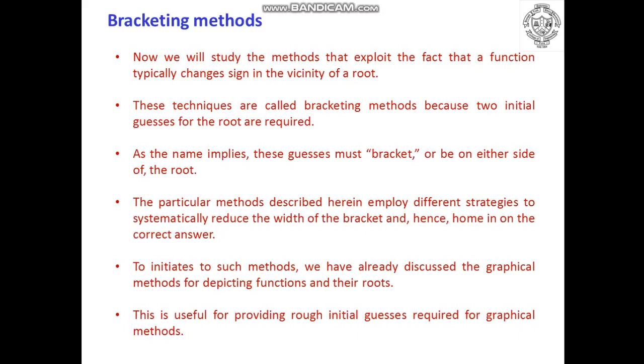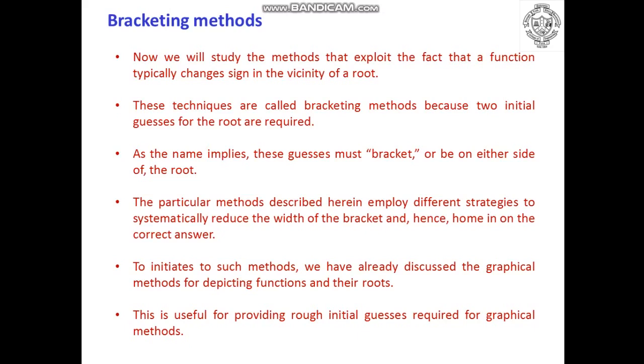This we have studied in the graphical method, that there will be at least one root between two initial guesses if the signs of their functions are opposite. The particular methods described herein employ different strategies to systematically reduce the width of the bracket and hence home in on the correct answer for the root.